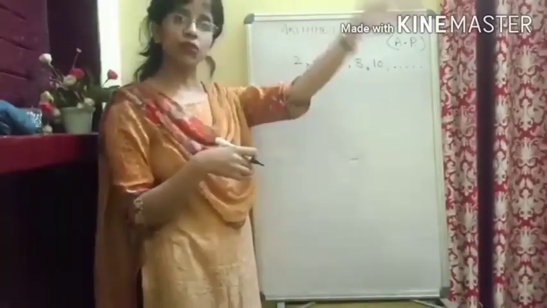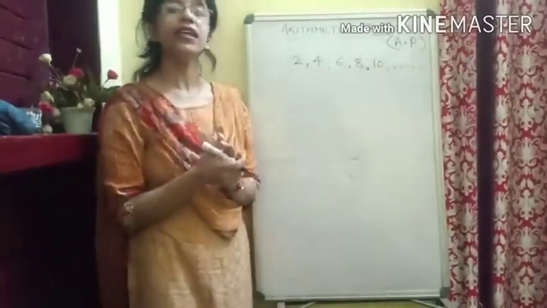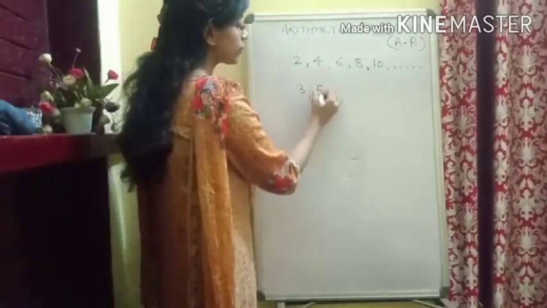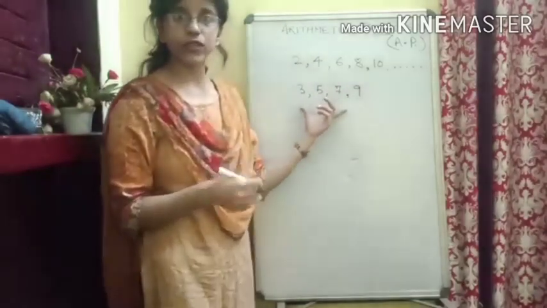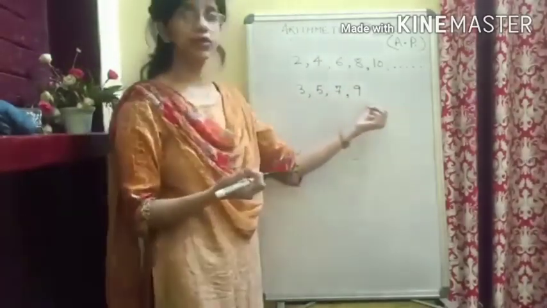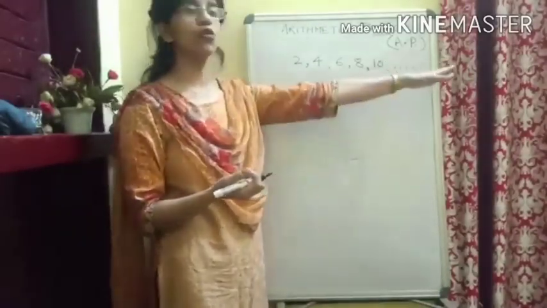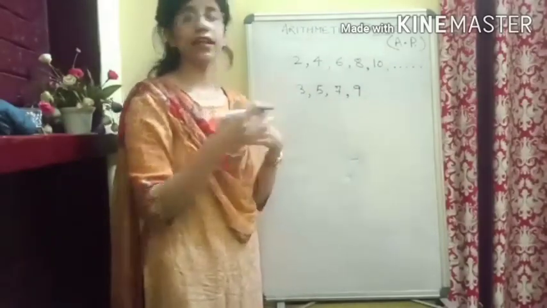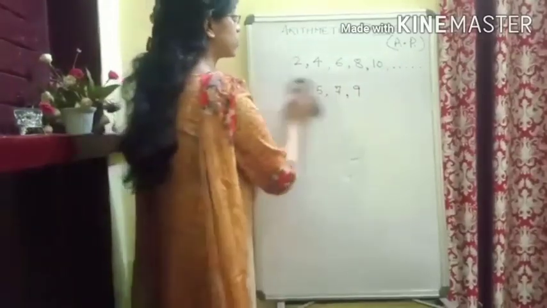That means we don't know the last term, and we call such a sequence an infinite sequence. Like if I write 3, 5, 7, 9, this is a finite sequence. We know that there are only 4 terms. But this is an infinite sequence because we don't know how many terms are going to be there in the sequence. So that's how we categorize sequences as finite and infinite.